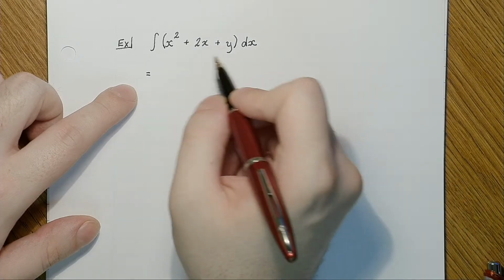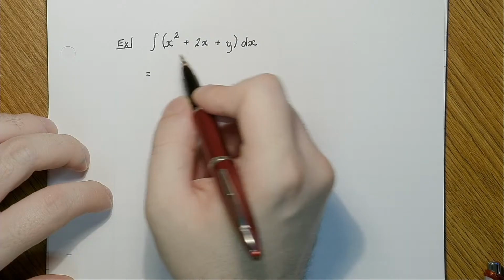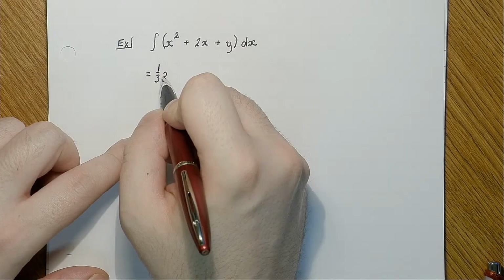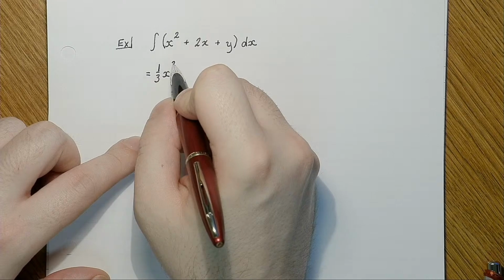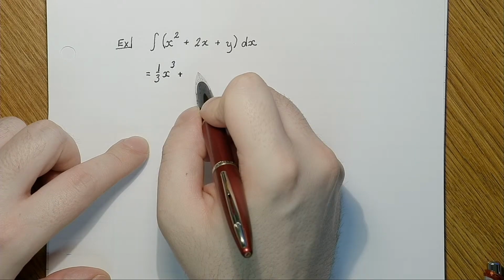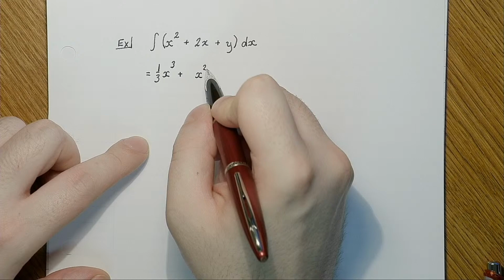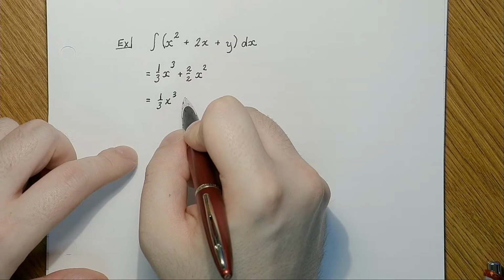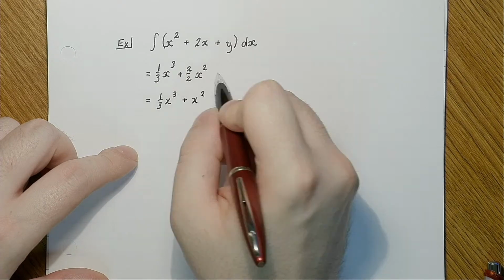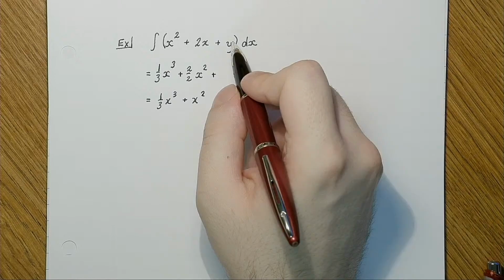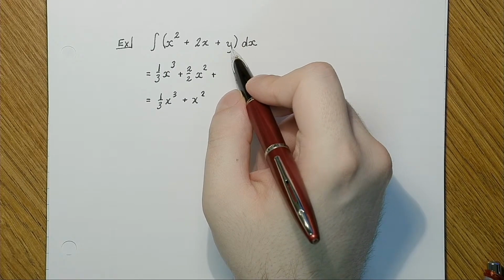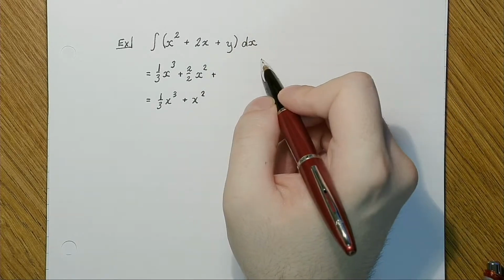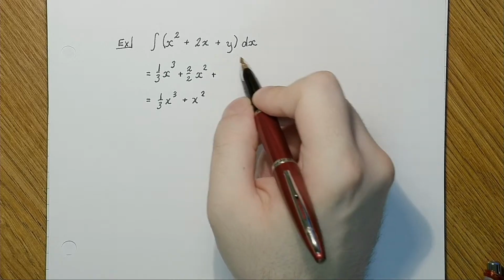What this says is, okay, I'm going to apply my integral rules like I usually do. I can do 1/3 x cubed plus x squared. So I got 2 over 2, over in this line here. And now I'm asking you to take the integral of y with respect to x. At that point, you treat this like a constant.